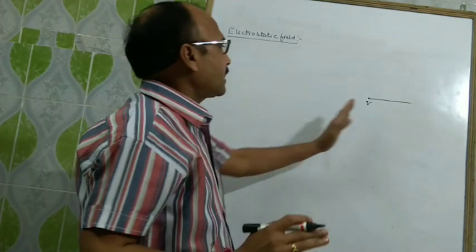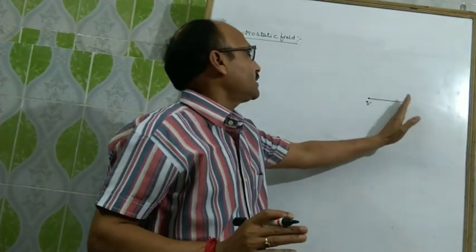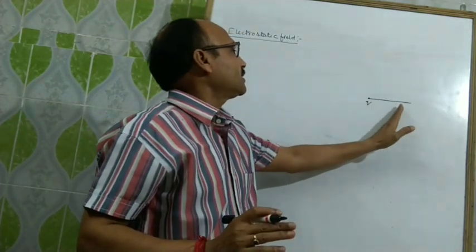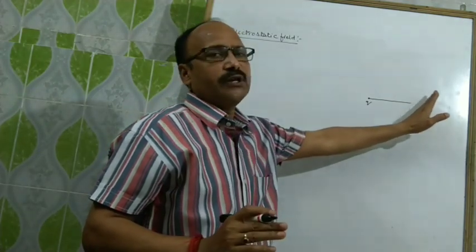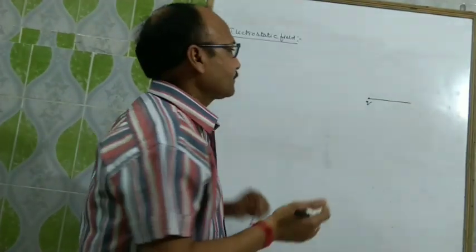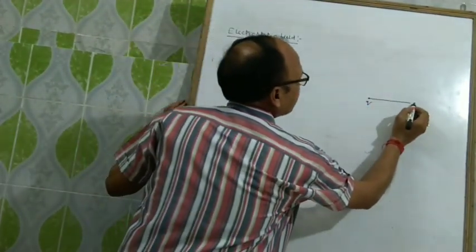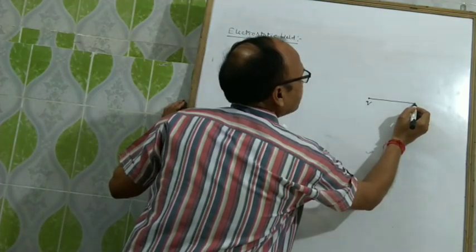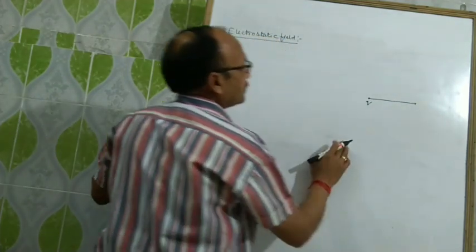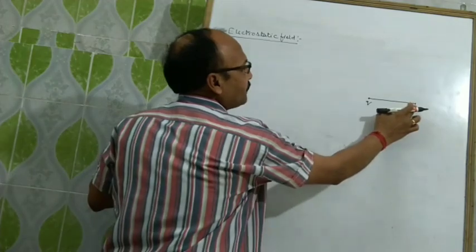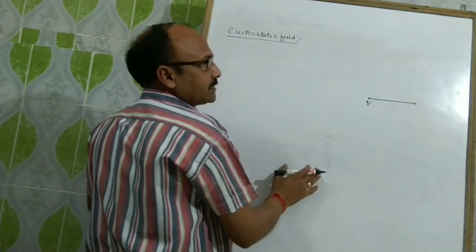you will see that on increasing the distance from this charge, the electrostatic force is going to decrease. Suppose up to this point, it can apply a measurable force on the other charges.